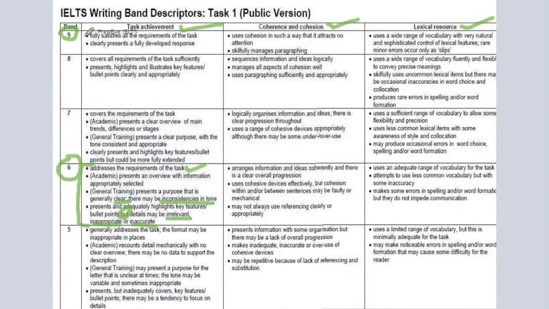So what needs to be done? Number 1, you have to fully satisfy all the requirements of the task. All the requirements means all the questions that have been asked to you, you have to answer them. You have to tell each and everything very clearly. Second one is clearly presents a fully developed response.